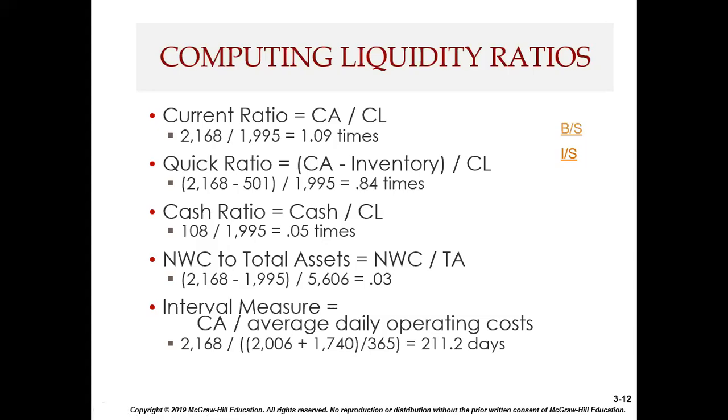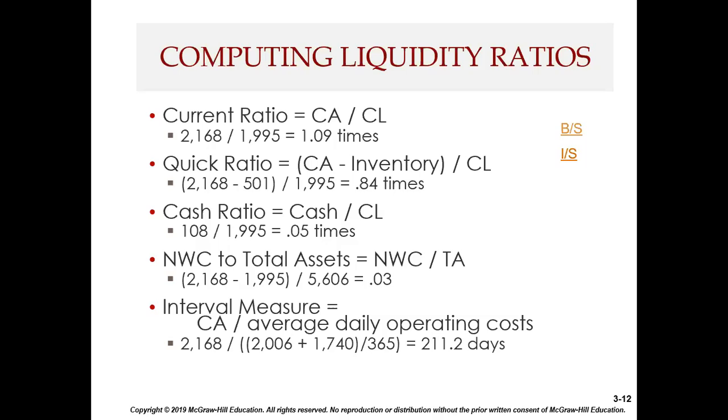The next is net working capital to total assets. So we take our net working capital, which is current assets minus current liabilities, and divide it by total assets. So we're getting 0.03. If your net working capital to total assets ratio is low, you may have a low level of liquidity.